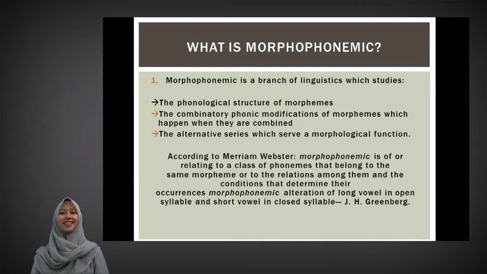On the other side, according to Merriam-Webster, morphophonemic is of or relating to a class of phonemes that belong to the same morpheme or to the relations among them and the conditions that determine their occurrences. Morphophonemic alteration of long vowel in open syllable and short vowel in closed syllable.